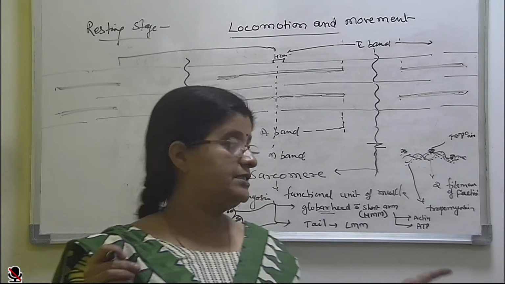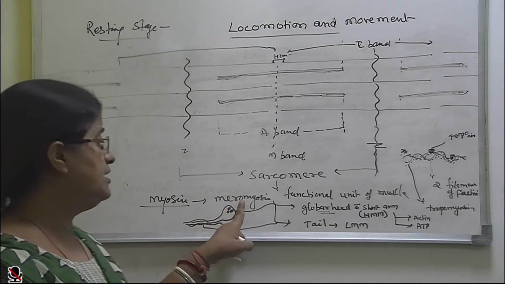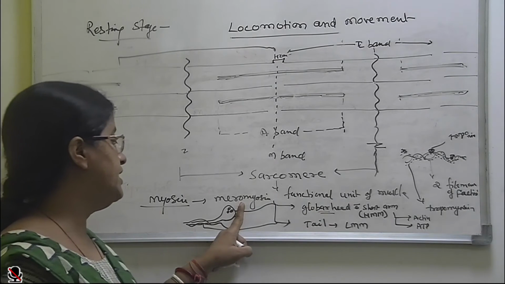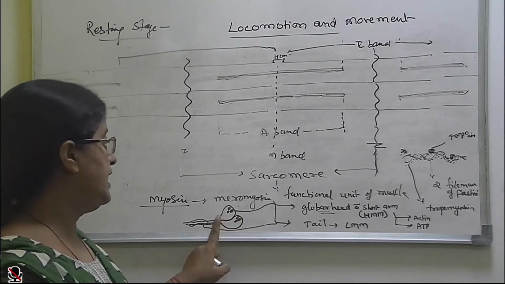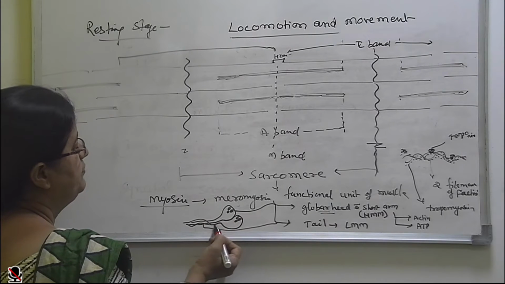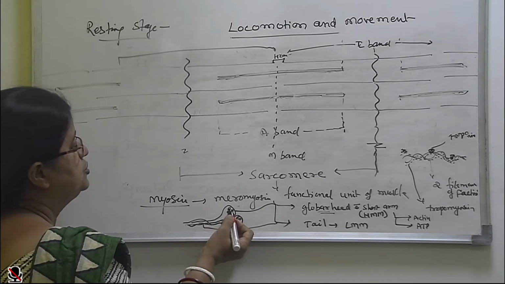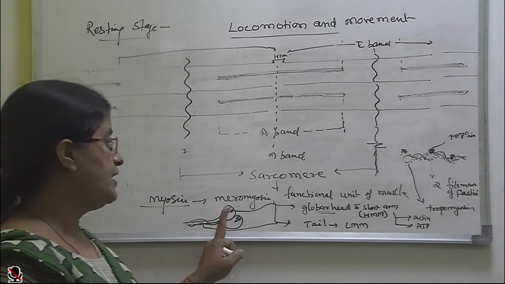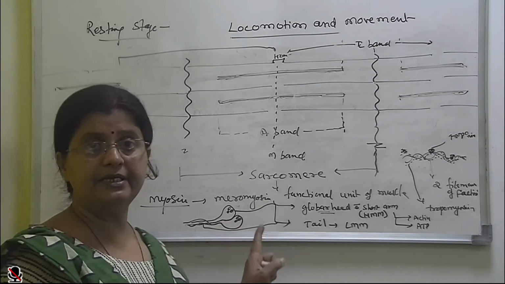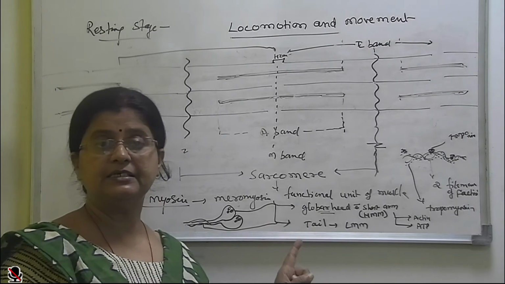So you see, this myosin is made up of functional monomers, that is the monomeric protein meromyosin, and each meromyosin has one globular head with short arm and the tail, right? And this head has the actin binding site and the ATP binding site, and this is actually the enzyme ATPase.